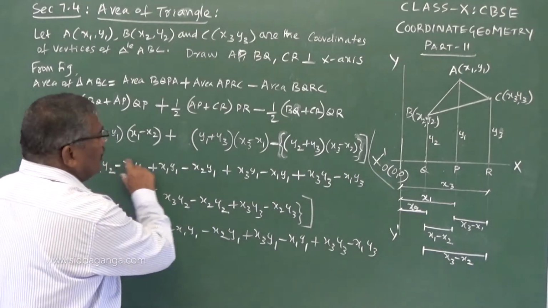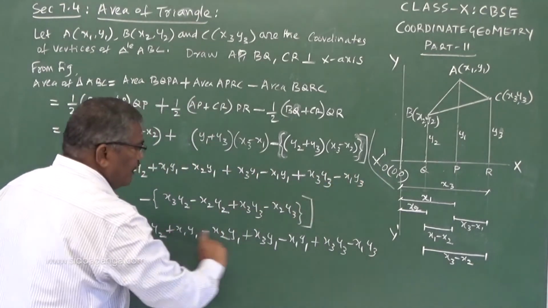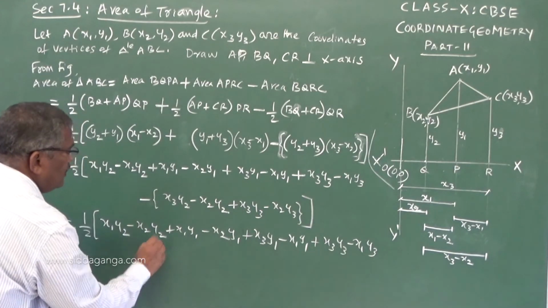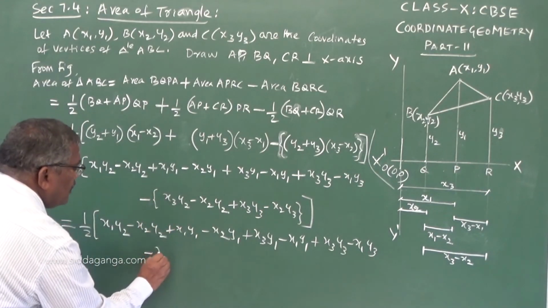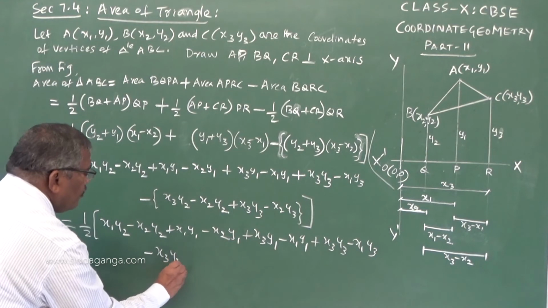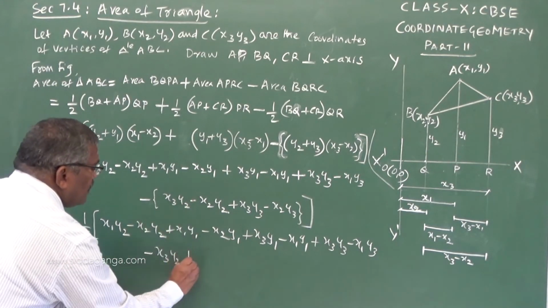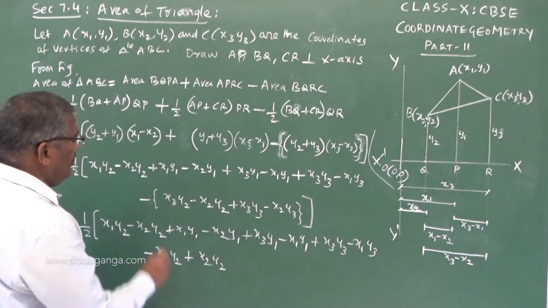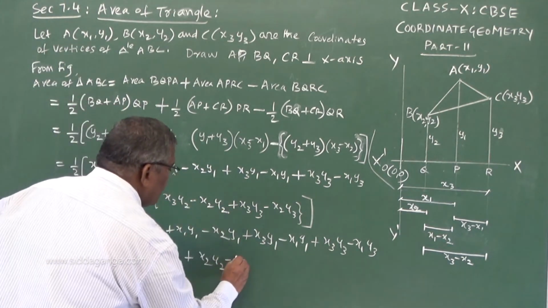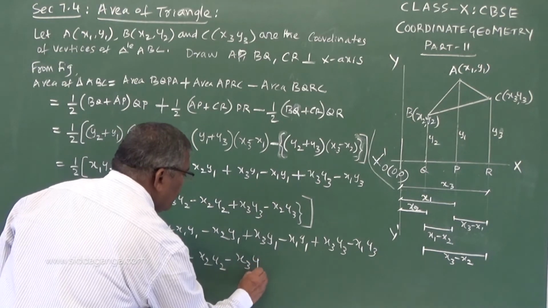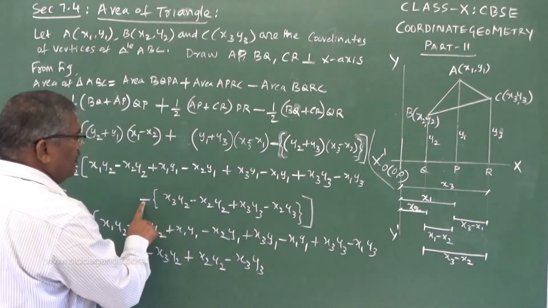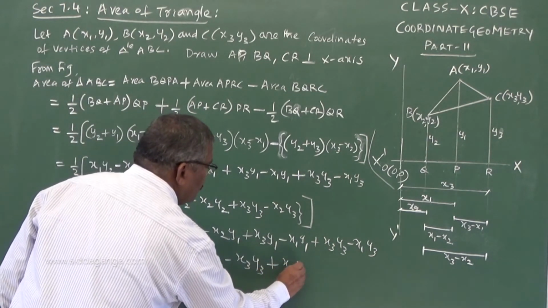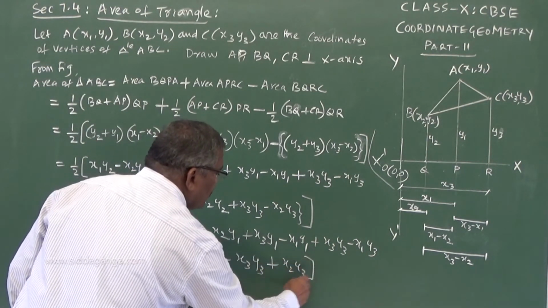I have not changed anything here, I have copied from here. The signs will change. Minus into plus, this becomes minus x3 y2. Minus into minus plus x2 y2. Plus into minus minus x3 y3. Minus into minus plus x2 y3. Now we close the bracket.